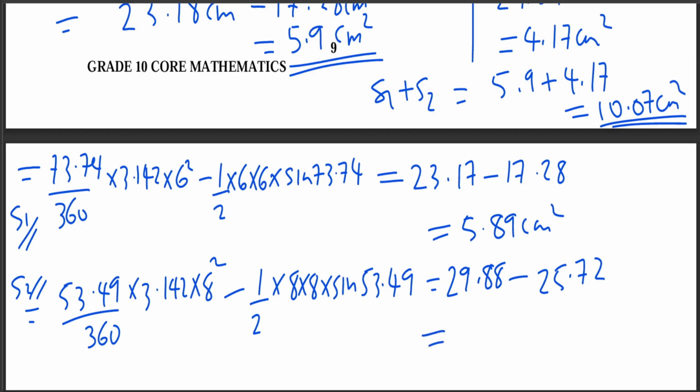Now subtract the two. 29.88 minus 25.72 is going to give you 4.16 centimeters square.